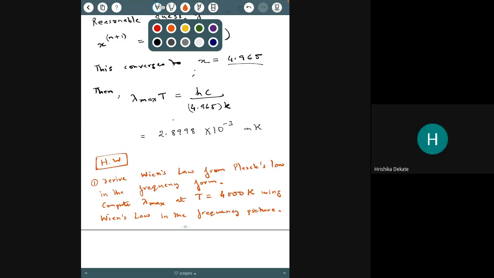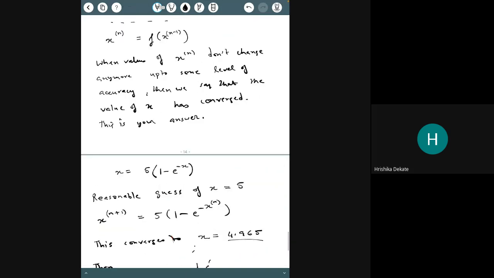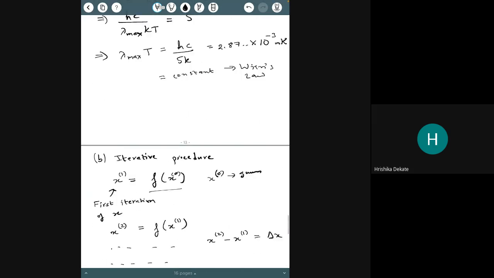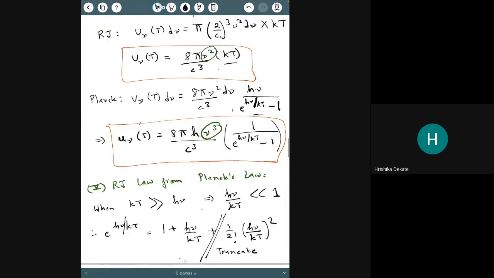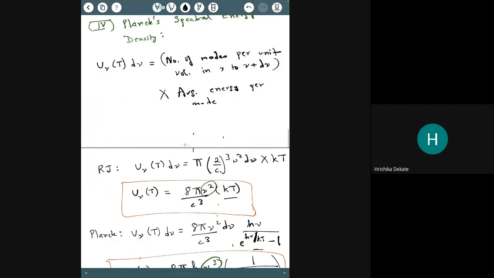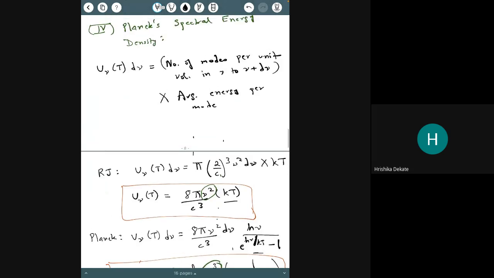Ma'am, can you go to the part of Planck's spectral energy density? Just the expression. Here you have written a cross, average energy per mode.